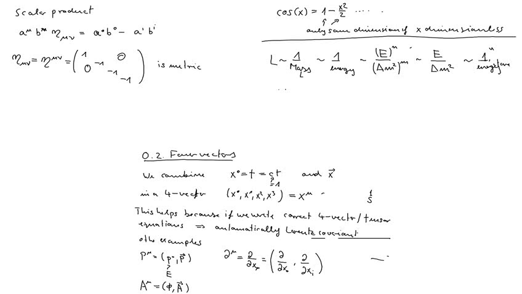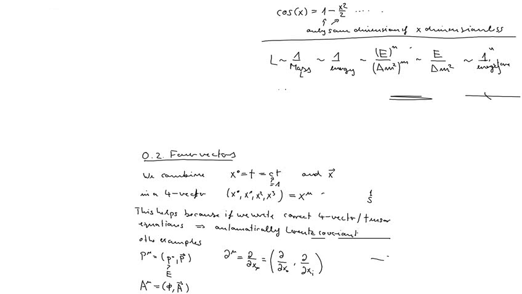What other notation did I use here? Well, writing it completely explicitly, I should write A0 B0 minus A1 B1 minus A2 B2 minus A3 B3. So I've basically already used the so-called Einstein sum convention, which simply says indices which appear twice are summed over all their values.